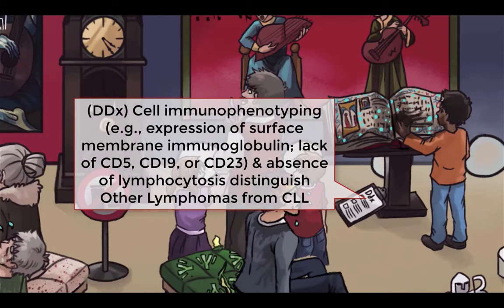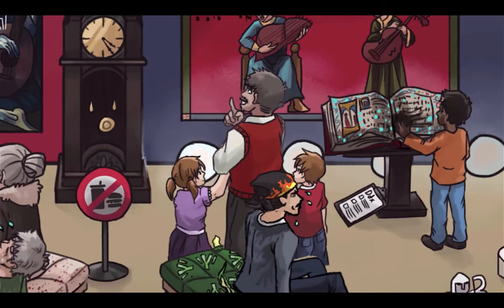The characteristic pattern of findings in CLL, expression of CD5, CD19, CD23, and lack of surface membrane immunoglobulin, won't be seen in any other type of leukemia or lymphoma. For more details on the clinical presentation and diagnosis of lymphomas, check out our sketches dedicated to them later on in this chapter. Let's leave lymphomas behind and circle back to leukemias for a sec.